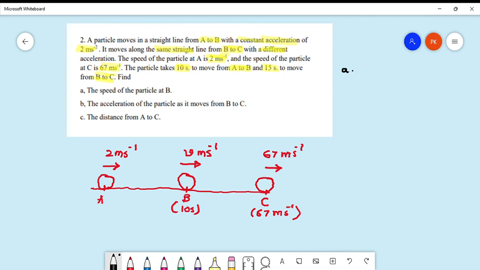So write the data for the journey from A to B. What things are given? Velocity at A is the initial velocity of the particle, so u is 2, given to you.